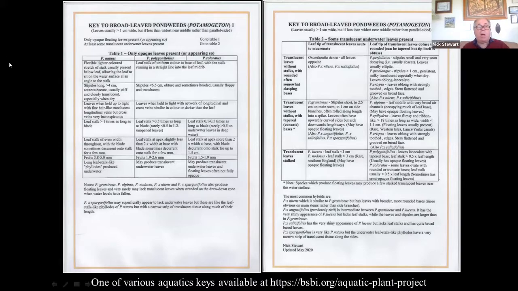Also, hopefully you will find useful the Aquatic Plants project website. I have produced over the years a number of keys which will help, I hope, with identification. This is the one for the broad-leaved pondweeds, the one that's relevant for today. But there are others. There's an introduction to aquatic plants. There's another one on water starworts.